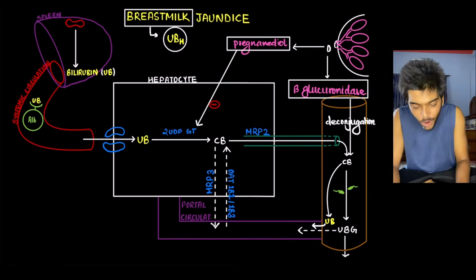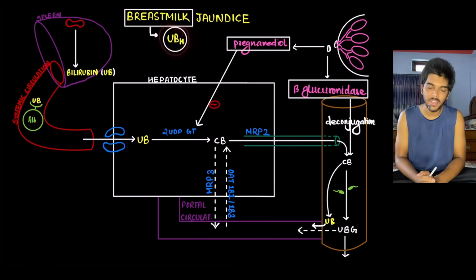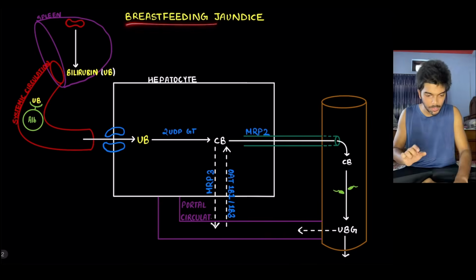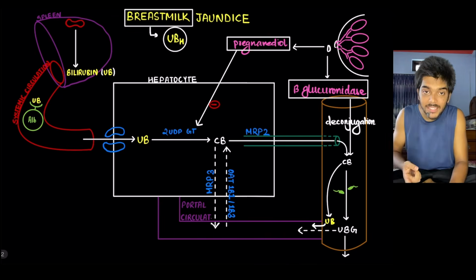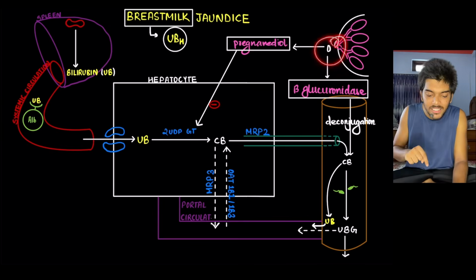That means there is accumulation of unconjugated bilirubin in blood, leading to unconjugated hyperbilirubinemia.